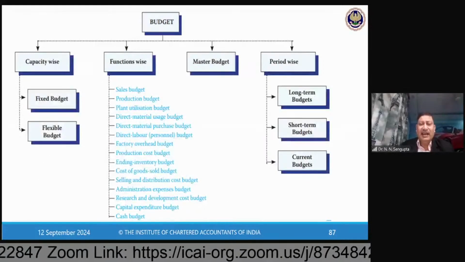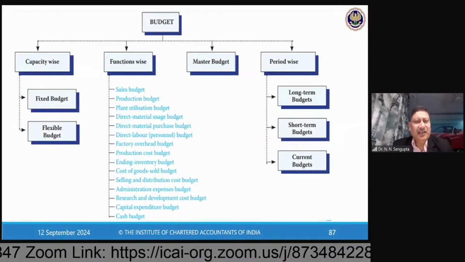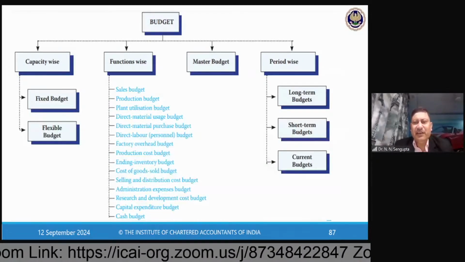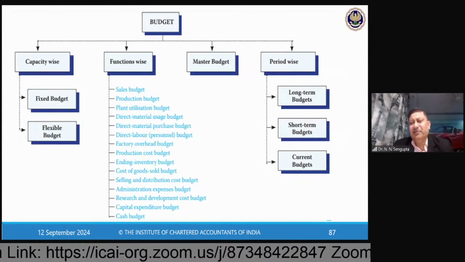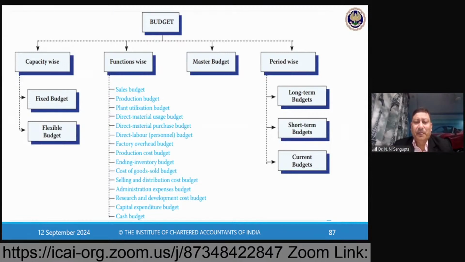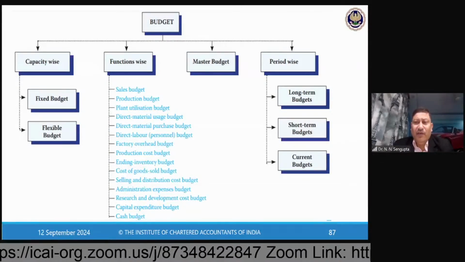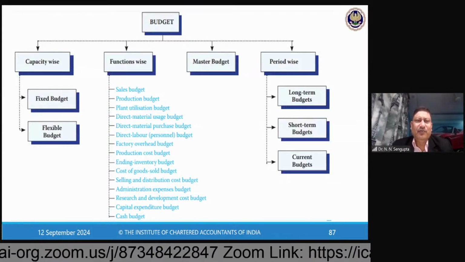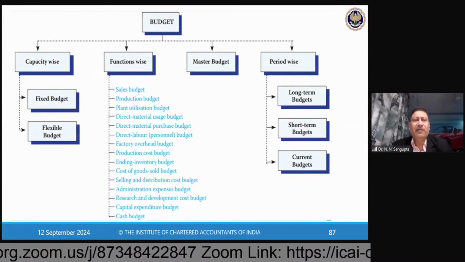And at last, the chapter of budget. Different kinds of budget you need to understand: capacity wise, function wise, master budget, then period wise. One very important thing in this budget is the flexible budget, where the conditions are flexible.